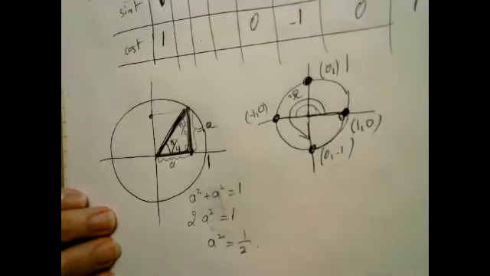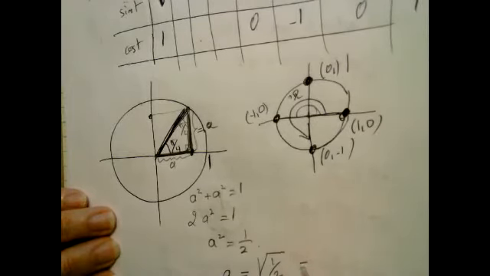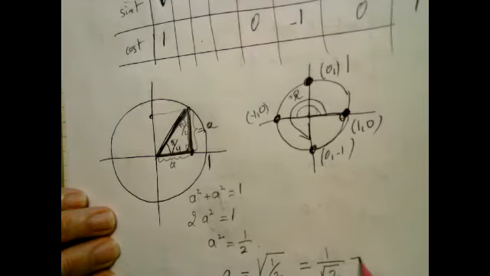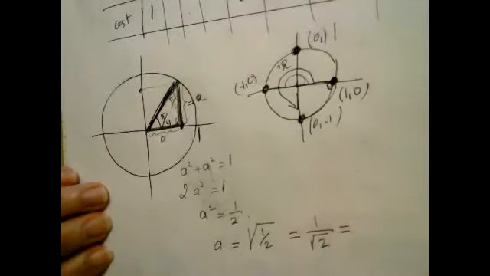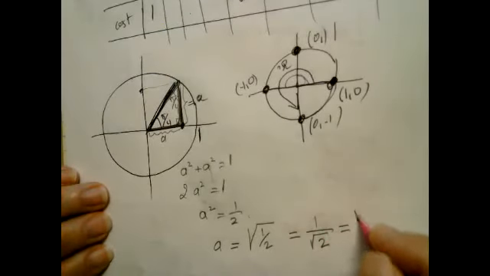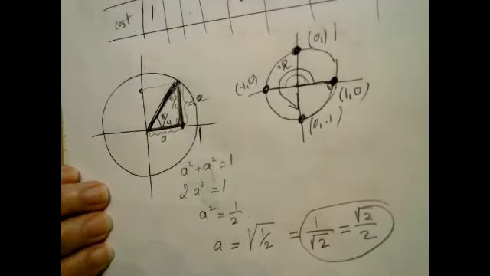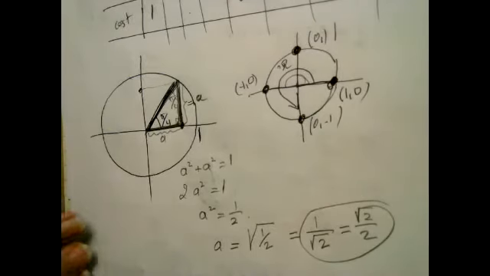And we're going to take only the positive because that's what I need. It means A is the square root of a half, which is 1 over the square root of 2. And if you multiply both the numerator and the denominator by square root of 2, I will get that. So it's either one you can memorize. All right, so it's really geometry to pick up that value.